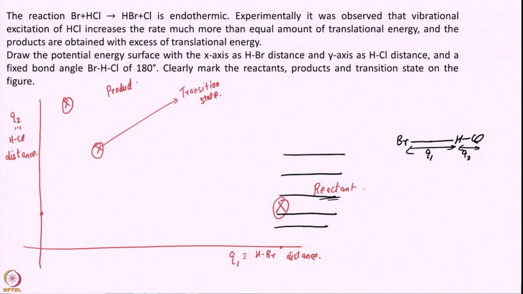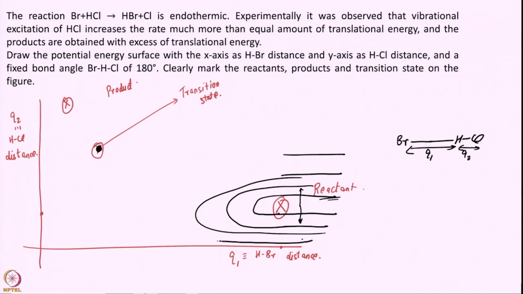But if I increase Q2, then my potential energy will change sharply, because Q2 refers to the HCl bond. If HCl is vibrating, of course energy is changing. Now, as I decrease the value of Q2, I will get these kinds of surfaces. Eventually, remember, this is my transition state here, so this has to curve around like this.